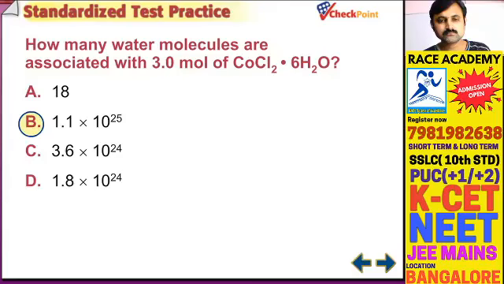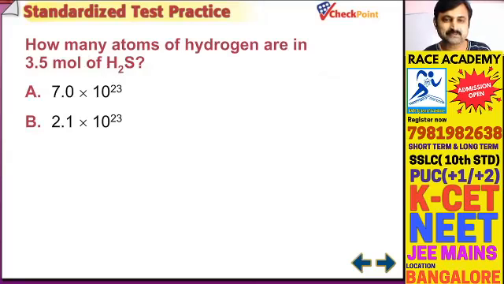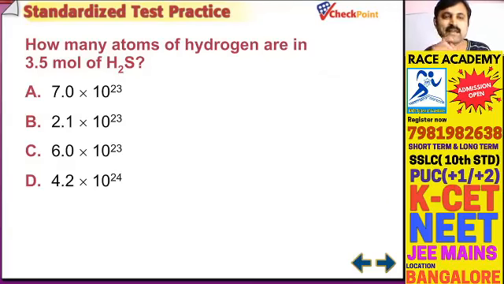Next one. How many atoms of hydrogen are present in 3.5 moles of H2S? See, they have given 3.5 moles, so first you have to take the 3.5 moles, and the subscript of hydrogen present in the formula is 2. 3.5 into 2 into Avogadro number 6.02.